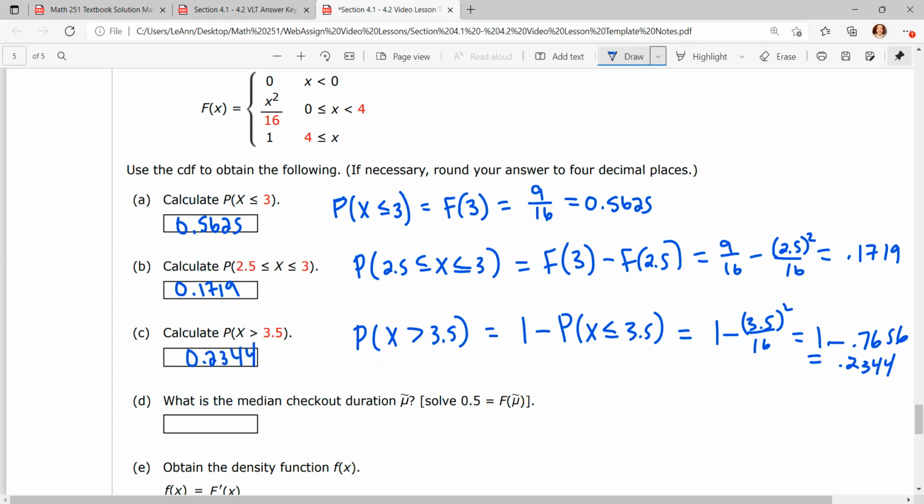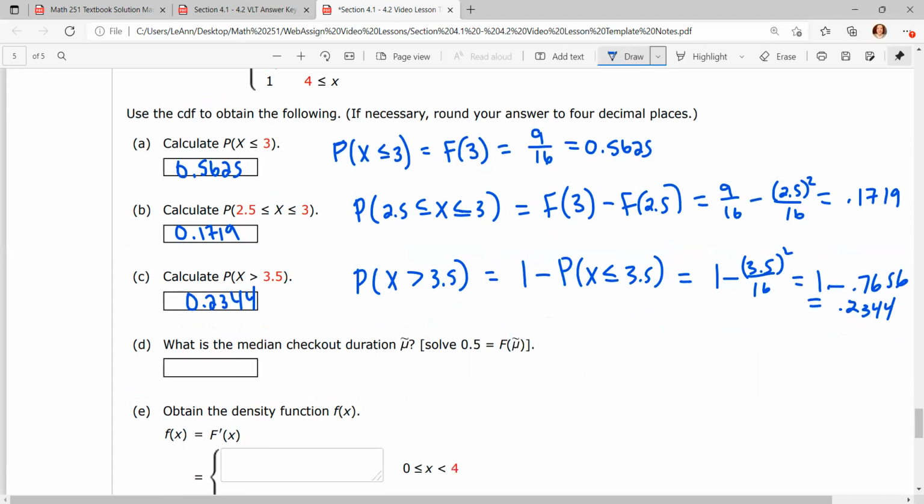What is the median checkout duration? So mu tilde essentially. And this means you're solving for what value do we actually hit a probability accumulated of 0.5. So we set 0.5 equal to mu tilde squared over 16, because that's our value for how we evaluate between 0 to 4, which is where all of our area is.